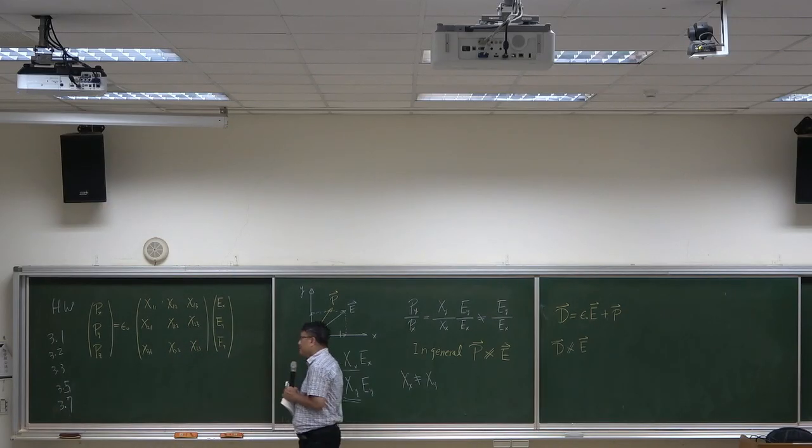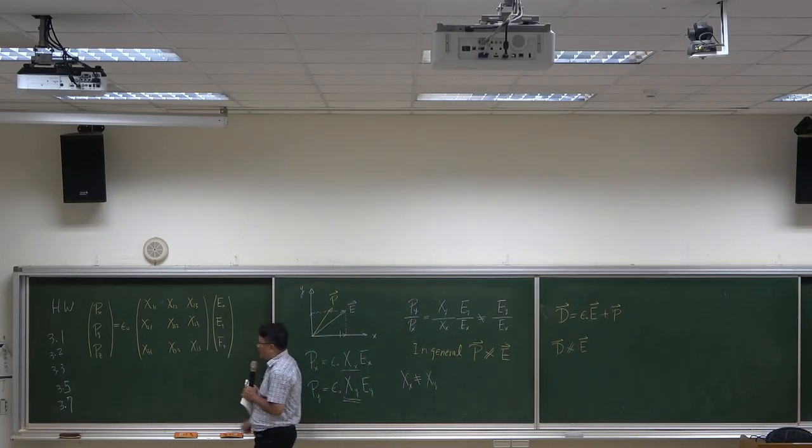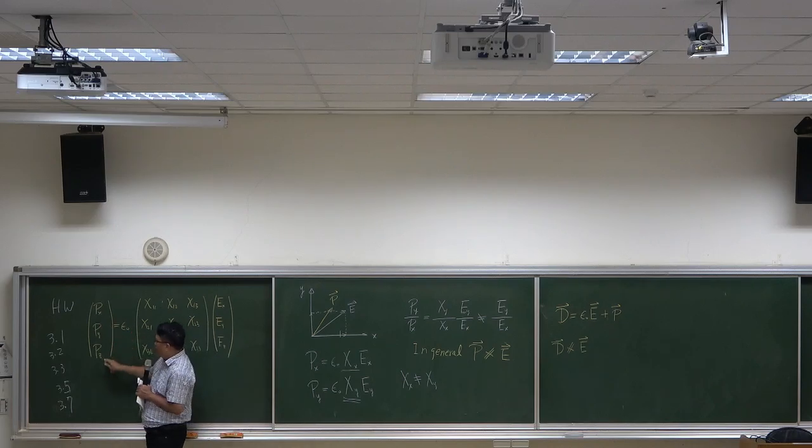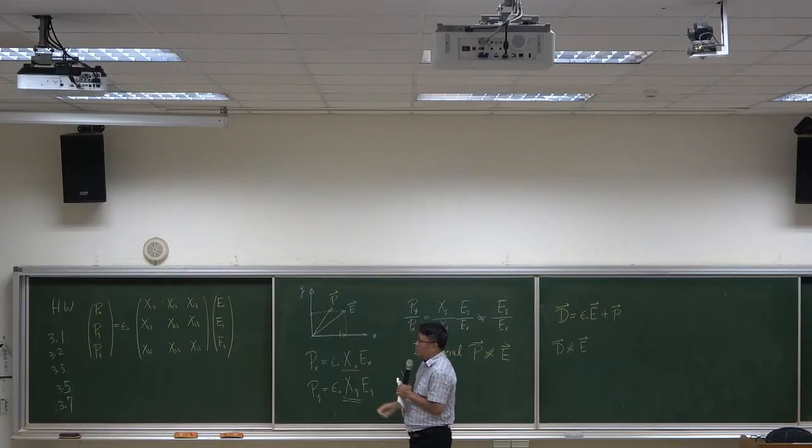Okay. You can also write this as P1, P2, P3, E1, E2, E3. 1, 2, 3 represent X, Y, Z.